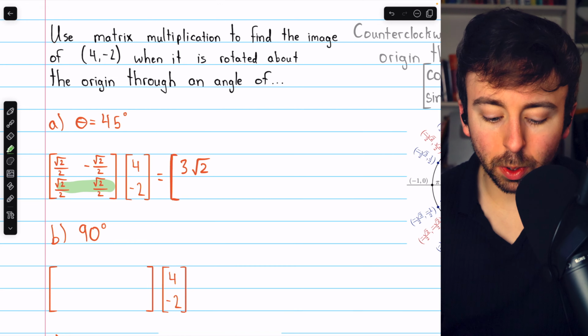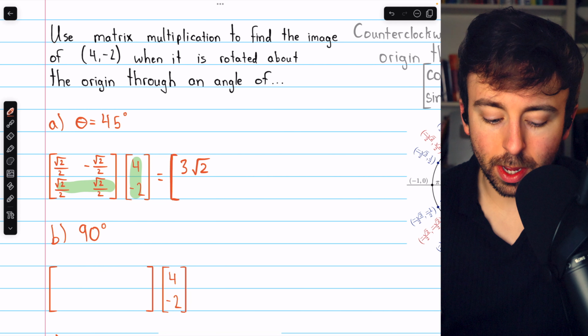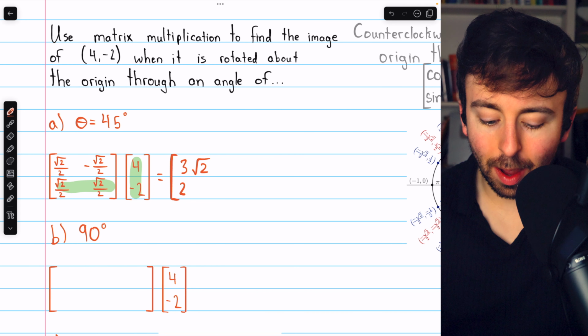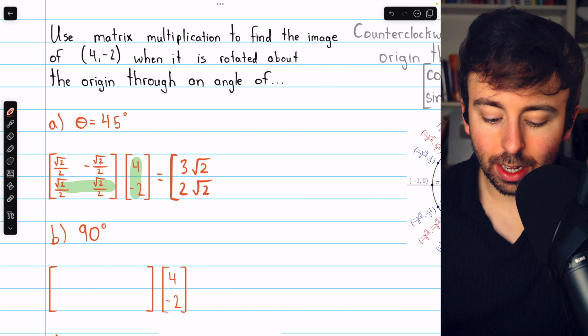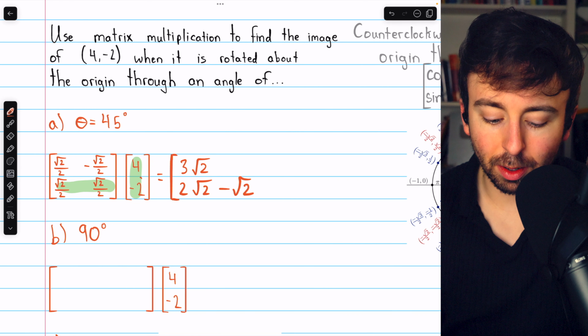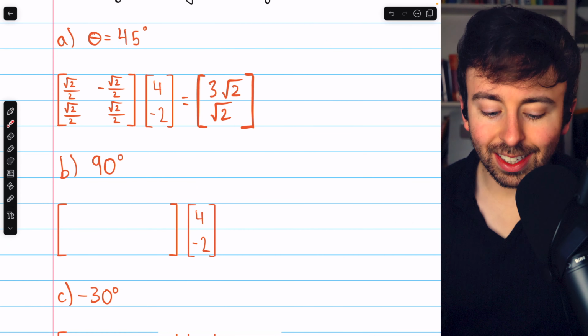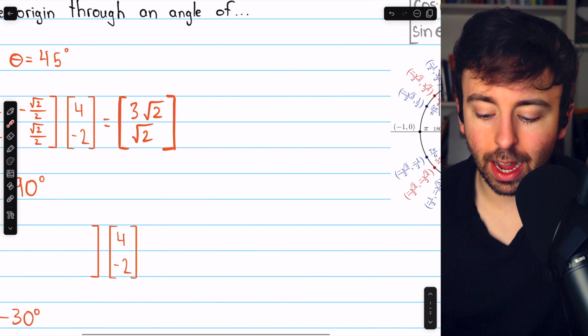Then the second row will get matched up with the first column here, and that's going to be the same as what we just had, except the second √2 is going to be negative, because √2/2 multiplied by -2 is -√2. Again, we might as well just go ahead and simplify that. 2√2 minus √2 is just a single √2. So we have the transformation: 3√2, √2.